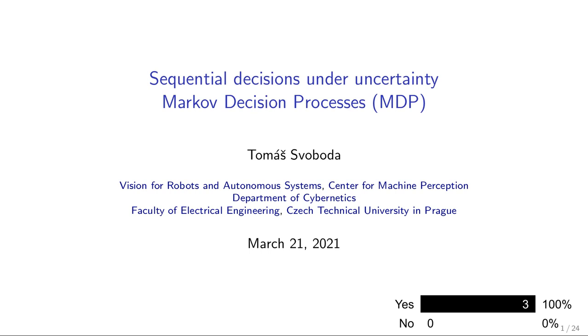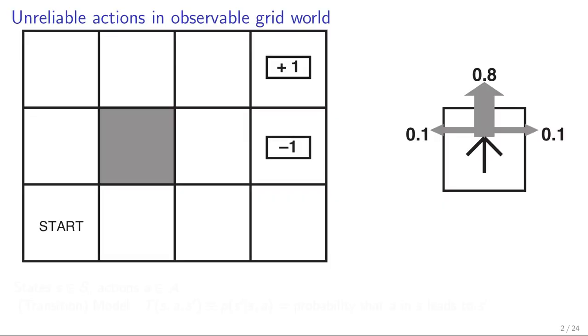Okay, so sequential decisions under uncertainty, Markov decision processes. This is the world that they also used in the Berkeley lecture. It actually comes from the Russell and Norvig book, and it's a simple grid world.